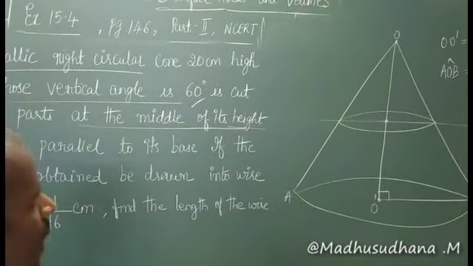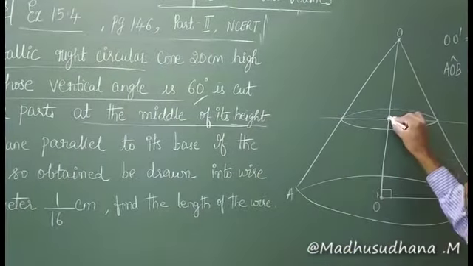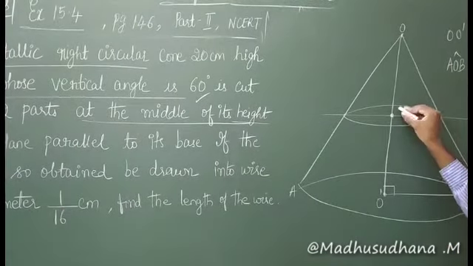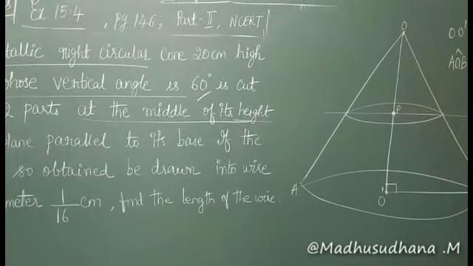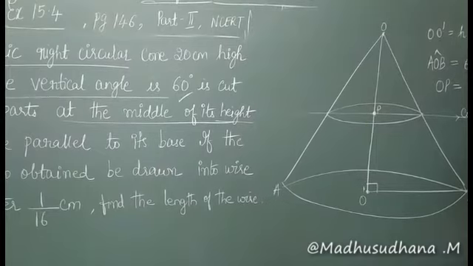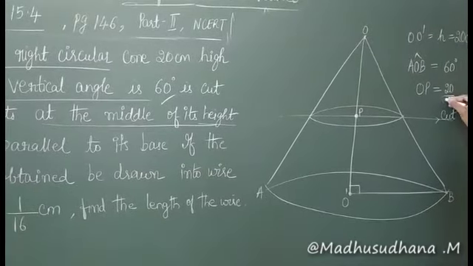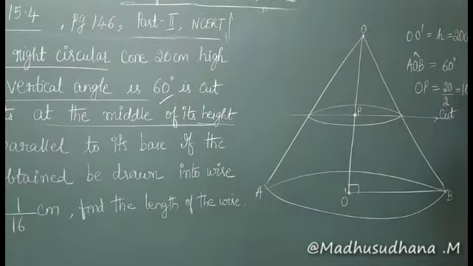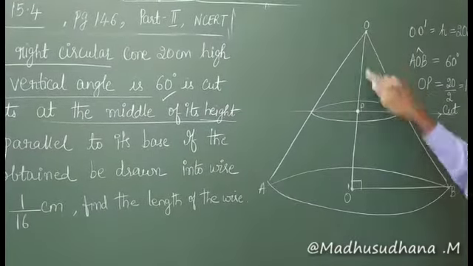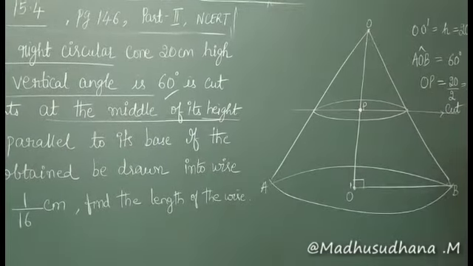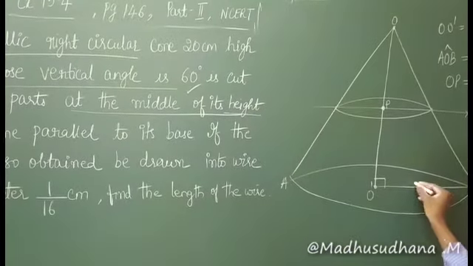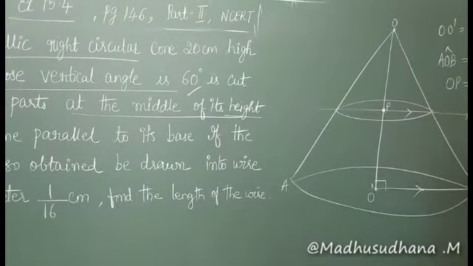Followed it? So up from here to here, if I can just call this P here. Followed it? OP is equal to how much? At the middle, so this is 20 divided by 2, or this is 10 centimeters. So from here to here, this is 10 centimeters. At the middle of its height it is cut by a plane parallel to the base. So this is parallel to the base, okay.